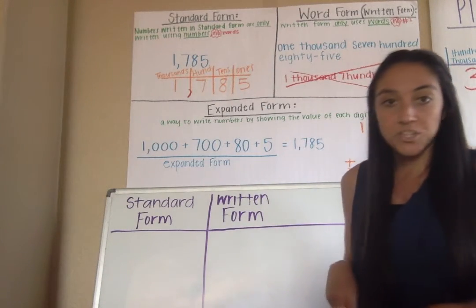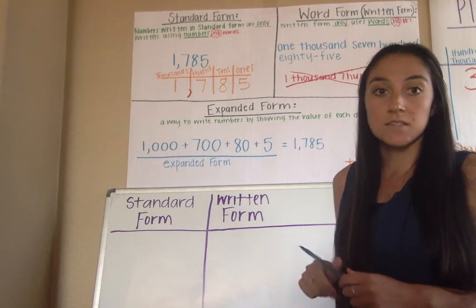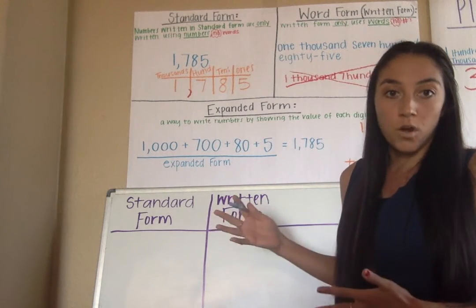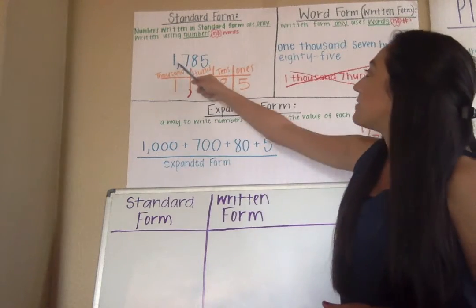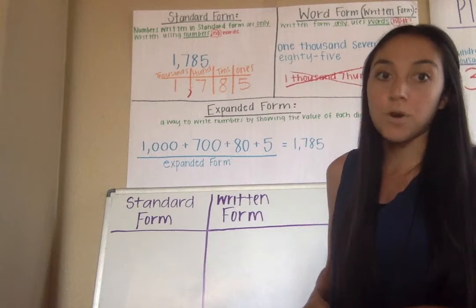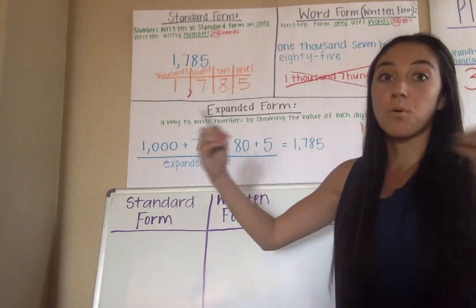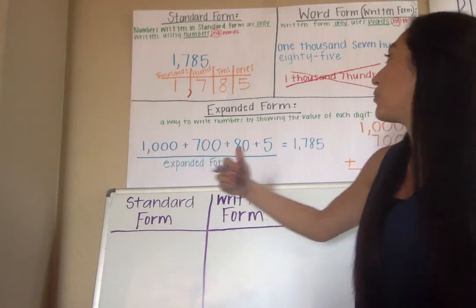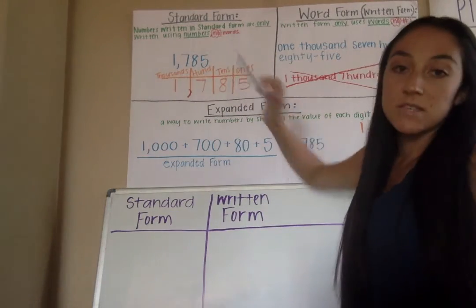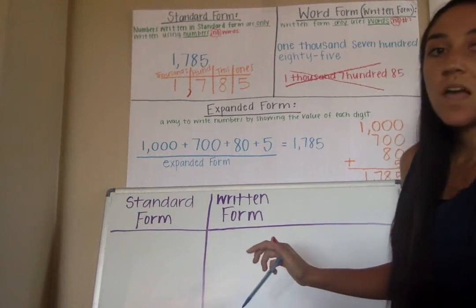So if one of your questions on the assignment or the assessment says, what form is this written in, and it gives you a number that looks like this, your answer is going to be standard form, because there are no words here and you also have not pulled it apart into expanded form. So standard form is simply just the number, nothing else.